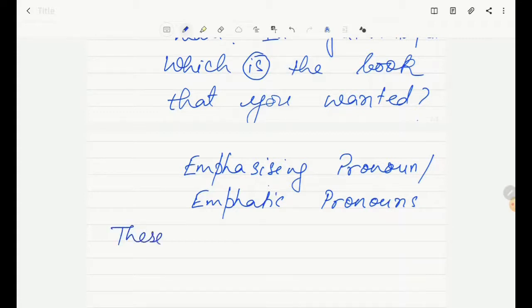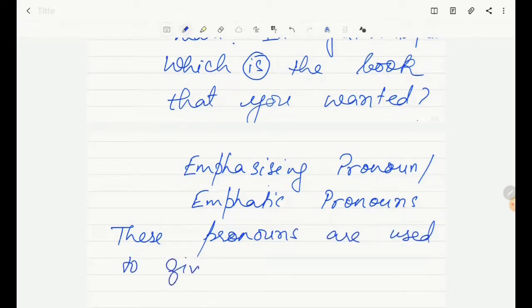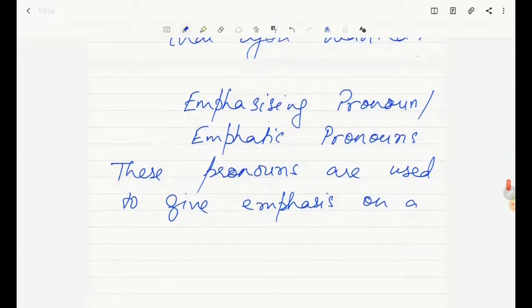These pronouns are used to give emphasis on a particular thing or person.